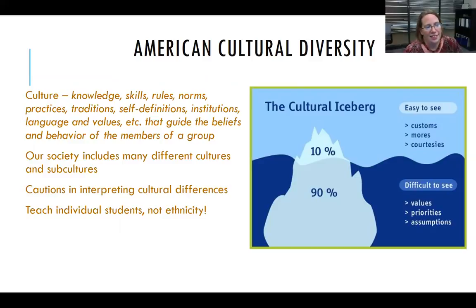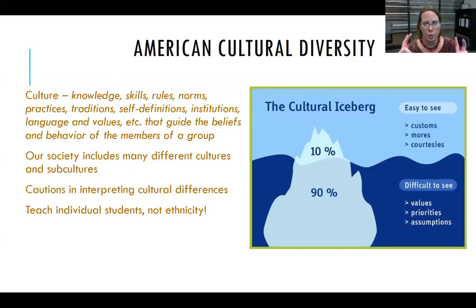And I think that this picture on the left, the cultural iceberg, really helps us think about how culture is largely unseen. So it's easy to see customs, mores, courtesies, but it's difficult to see people's values, priorities, and assumptions.